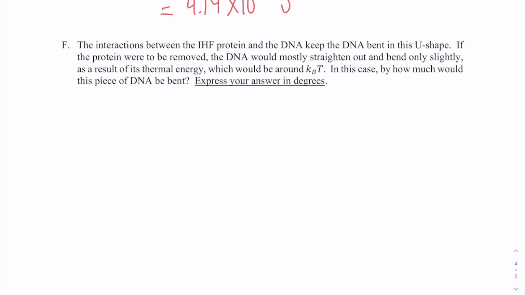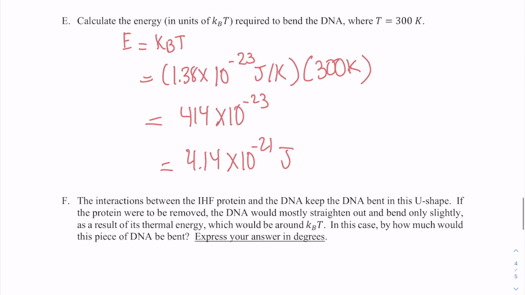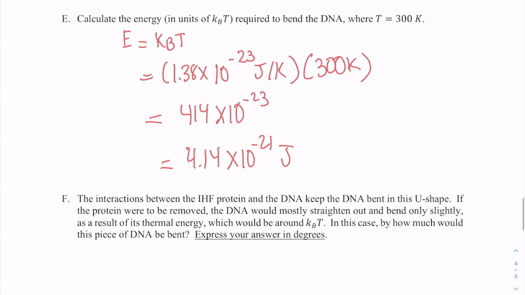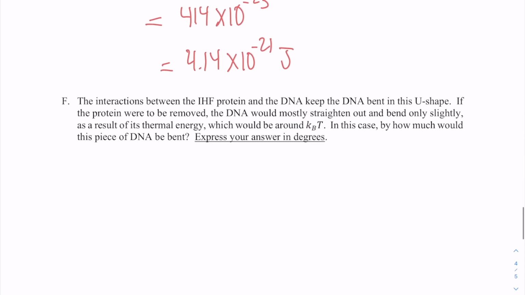Now, we're trying to figure out how much this DNA would be bent, and that's the angle, in degrees. We know that the energy needed to keep it in that position would be kBT. So energy would be equal to kBT.